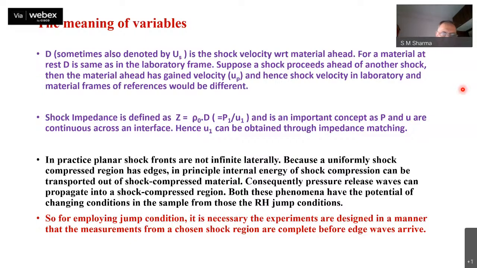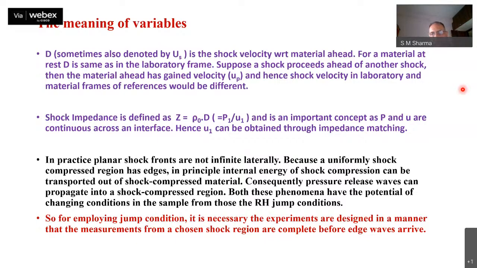It has finite dimensions. In principle, the internal energy of the shock compression can be transported out of the shock compressed material. Because when the information that there are edges reaches, then whatever is under shock compression can be altered. Consequently, pressure release waves can propagate into the shock compressed region.